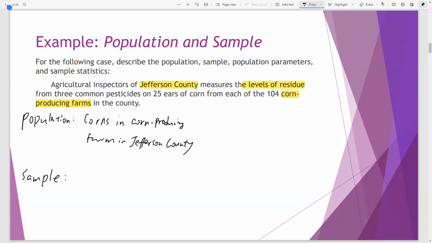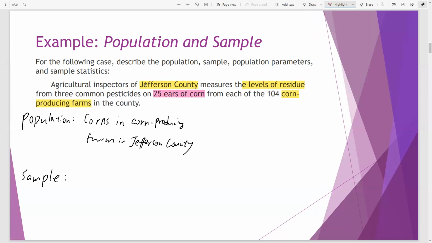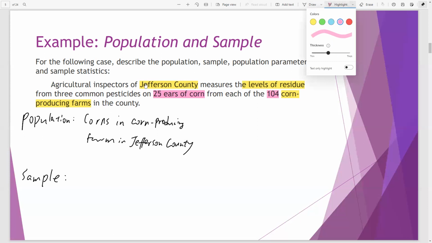So what they do is take out 25 ears of corn from each of the 104 farms. They are making a smaller, reasonable sample.